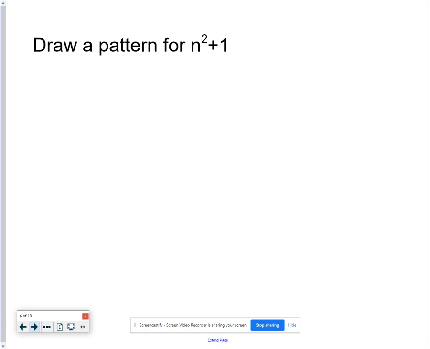Now, I would like you to be able to draw a pattern for n squared plus 1. We had one that looked like n squared minus 1. When I have n squared plus 1, that means, so for step 1, for instance, I would have 1 squared plus an extra 1. For step 2, I would have a 2 by 2 square plus an extra 1.